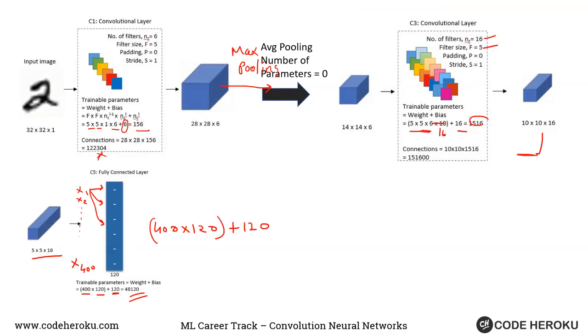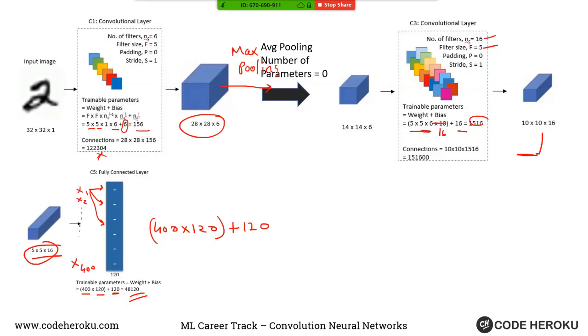So as you see, as we are going deeper into the network, the size of our volume is decreasing. This was a bigger volume, 28 cross 28 cross 6, and then we are left with 5 cross 5 cross 16. The number of parameters will be maximum in the fully connected layers. Over here we have 156, so less than around 1,000 parameters.